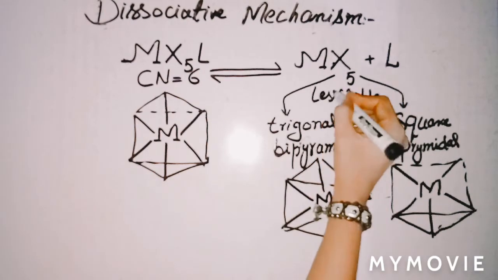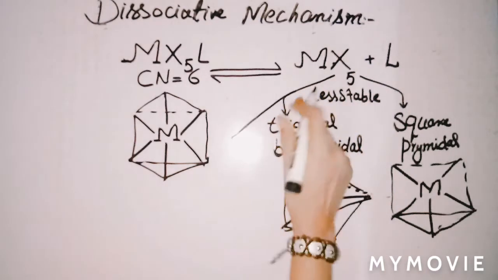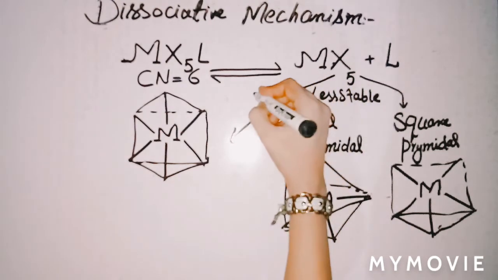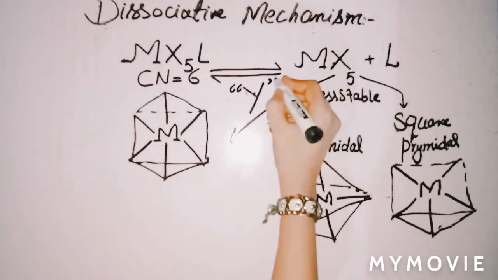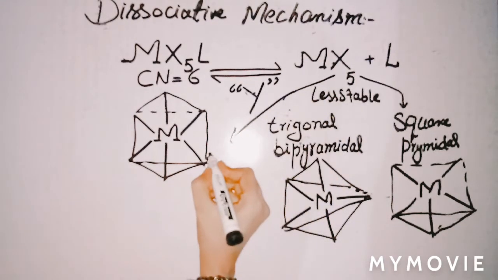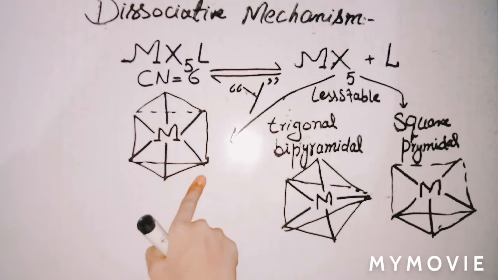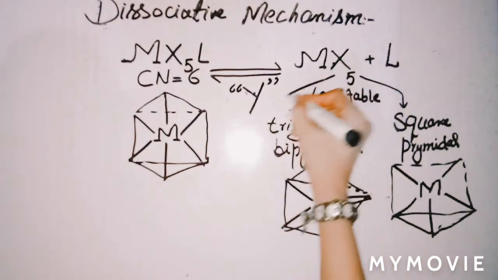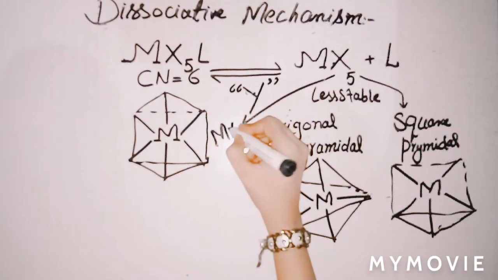It reacts with the incoming ligand, that will be Y. Y is the incoming ligand, and yields again an octahedral complex. This octahedral complex is MX5L.